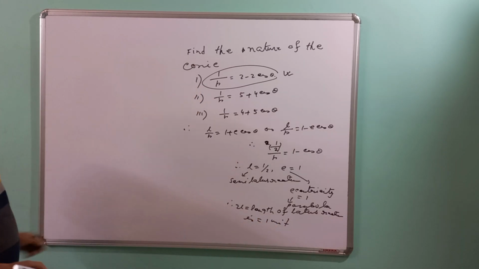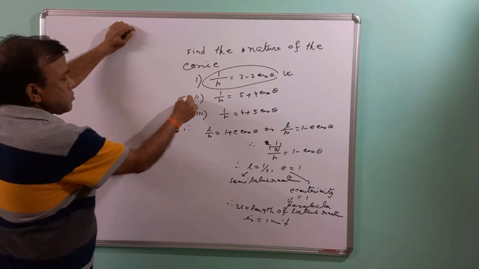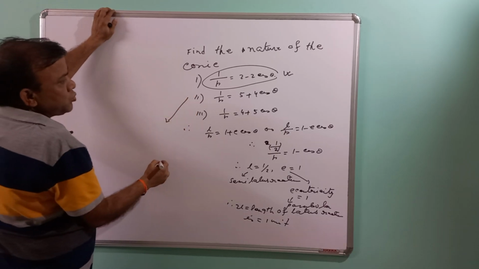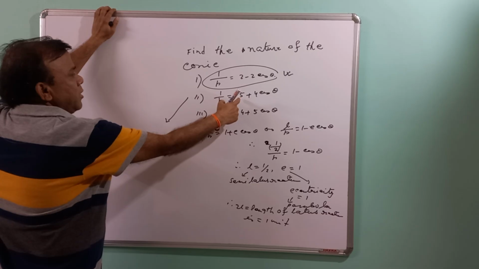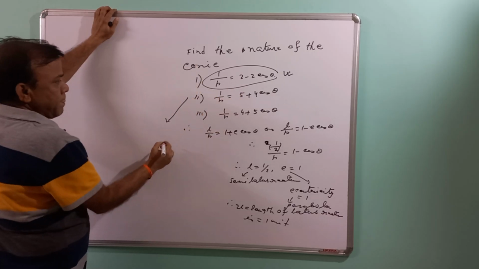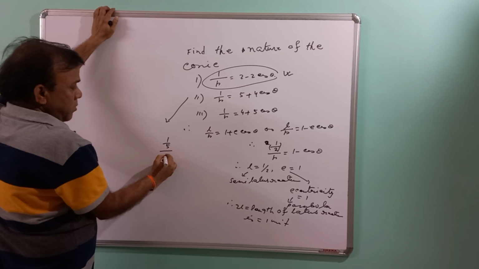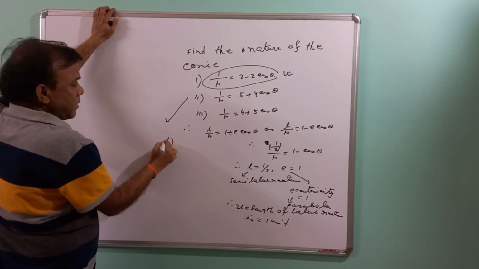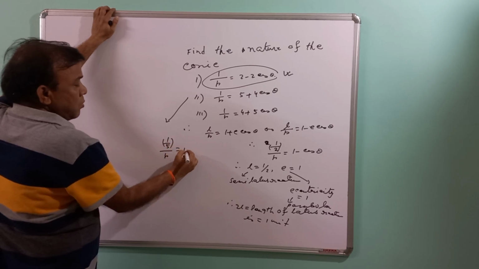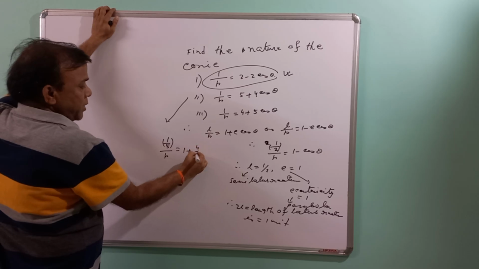Okay. In case of 2, we have to divide both sides by 5. 1 by 5 by r equals 1 plus 4 by 5 cos theta.